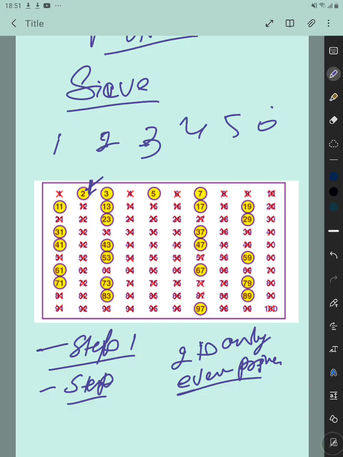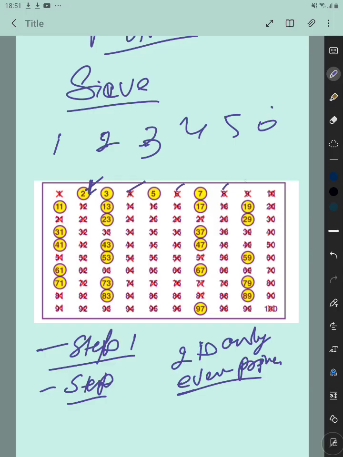We are circling 2 because it is a prime number. For the rest of the numbers, we will first divide all 100 numbers by 2. So 4 is divisible by 2, so it is crossed out as a composite number.